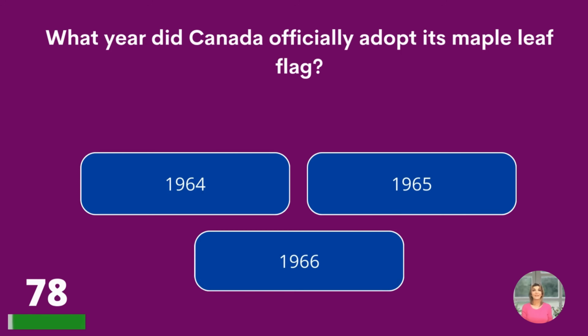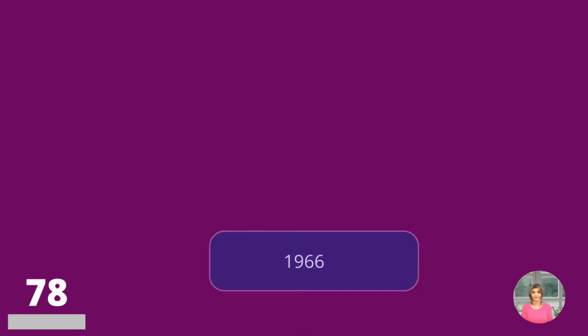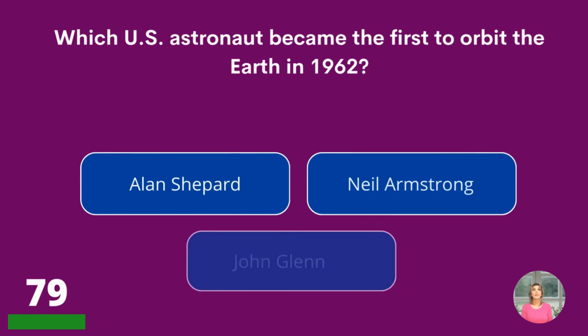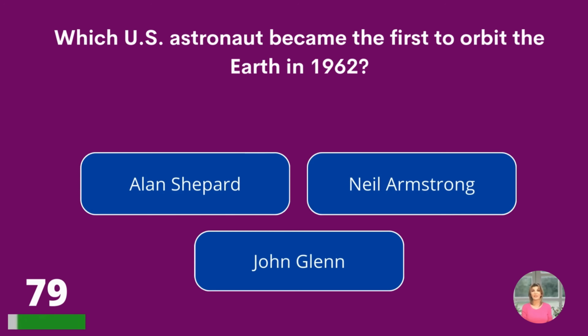What year did Canada officially adopt its maple leaf flag? 1964, 1965, or 1966? 1965. Which U.S. astronaut became the first to orbit the Earth in 1962? Alan Shepard, Neil Armstrong, or John Glenn?